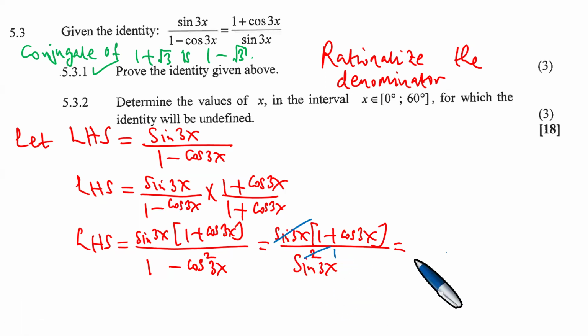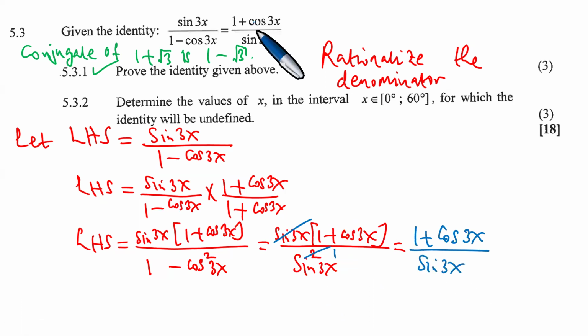So it cancels one of them, giving 1 plus cosine 3x, all divided by sine of 3x. And this is equal to the right-hand side: 1 plus cosine 3x over sine 3x.